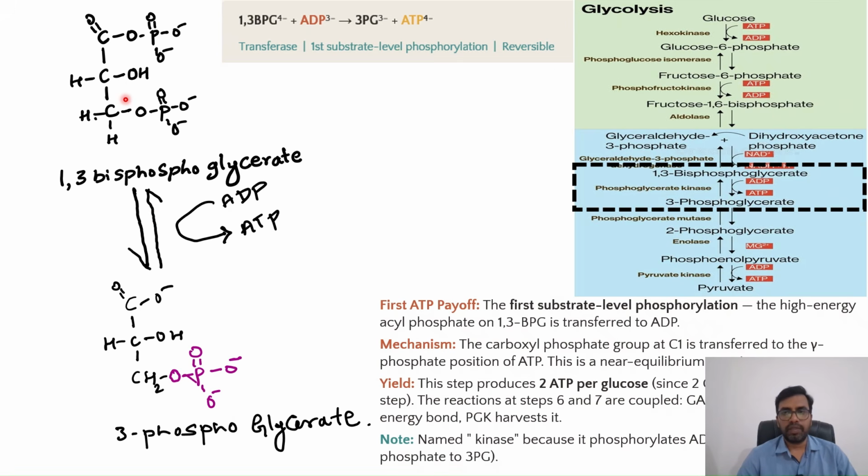Now, to keep the structure of these molecules in check, in the case of glyceraldehyde 3-phosphate you will have an aldehyde group, and then this will become a carboxylic group, and then the phosphate group on the carboxylic group will disappear.